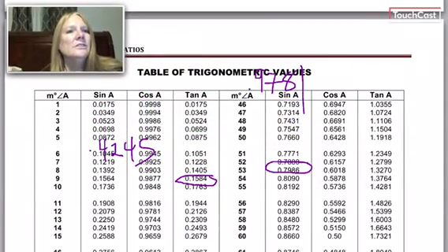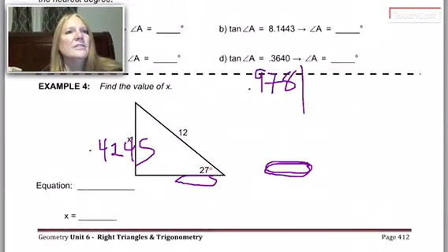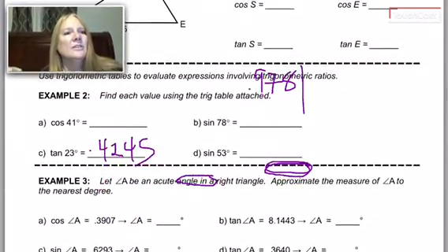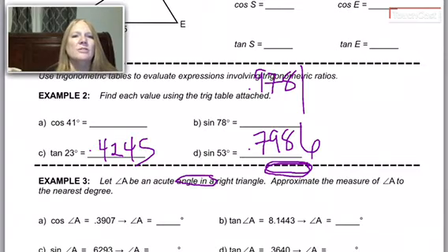Let's see, right here, 0.7986. Okay, so you just have to go back and forth, and you're just looking for the values from the table itself.